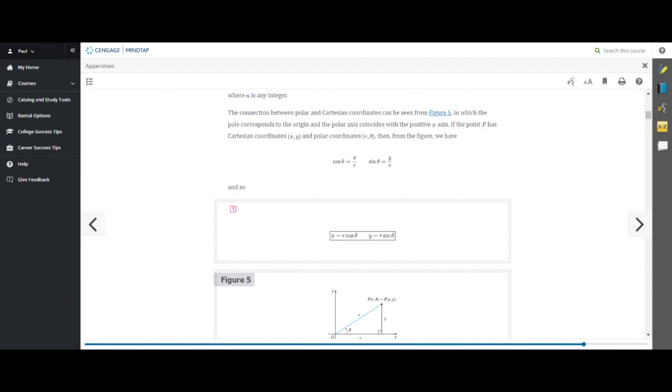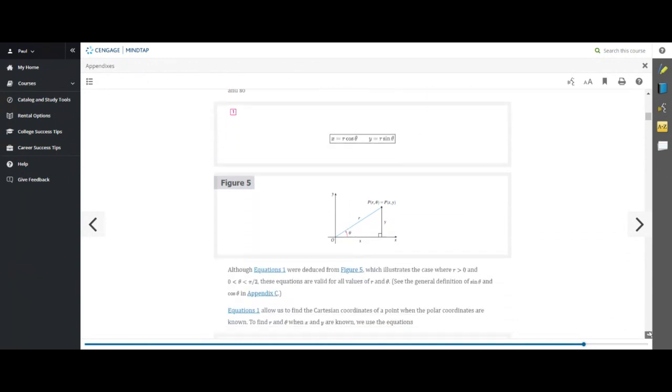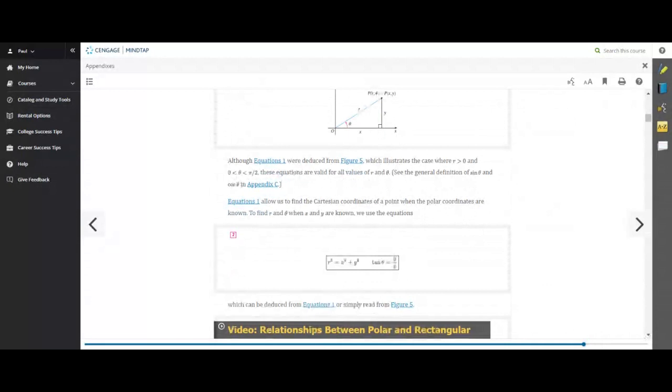Also another couple key formulas that are important, and you know this from your trig days, is that r squared, the radius, equals x squared plus y squared. The tangent of theta is y over x.